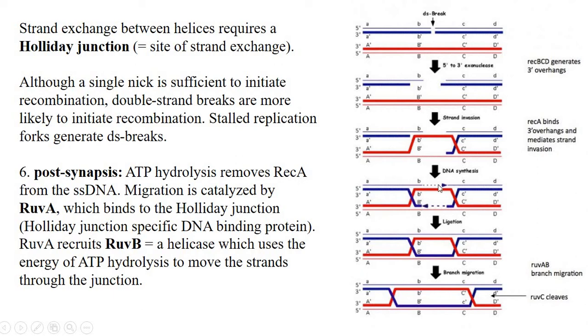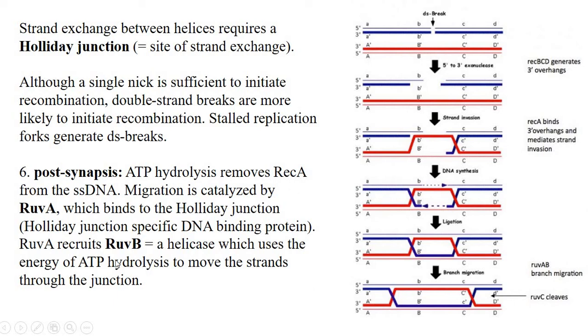So both DNA sequences have now copied the sequence information from this homologous chromosome, and there will be ligation to close the nicks. Once the DNA is complete, there will be branch migration. The other proteins, RuvA and B, help with this migration of the Holliday junction, and RuvC is the nuclease that will make the cut to resolve these Holliday junctions eventually.